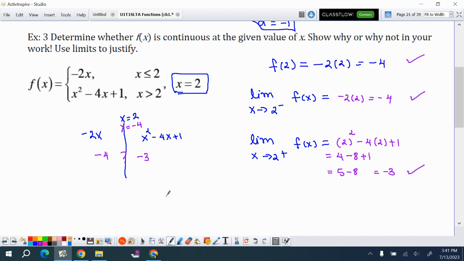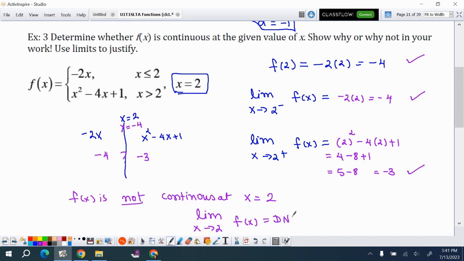And you can say that the function f of x is not continuous at x equal to 2 because the limit as x approaches 2 does not exist. Or you can say there is a jump discontinuity at x equal to 2. That's why the function is not continuous.